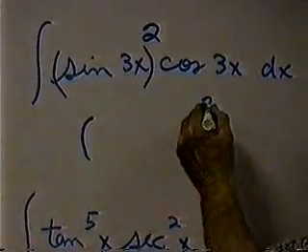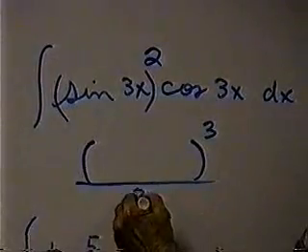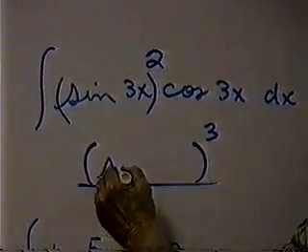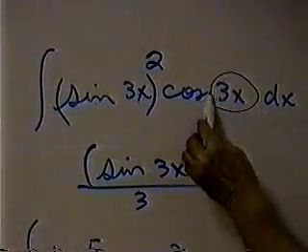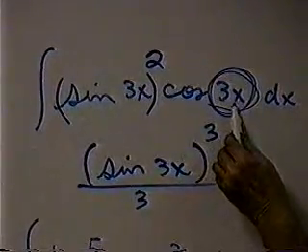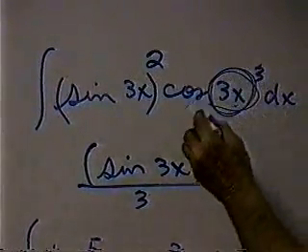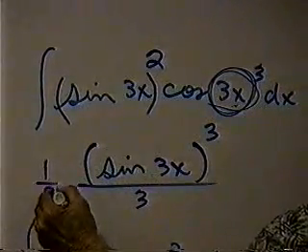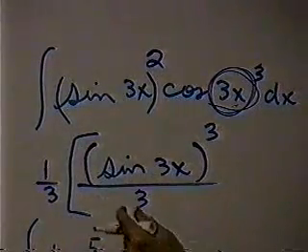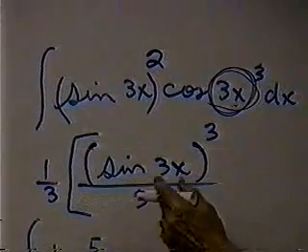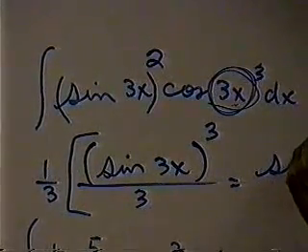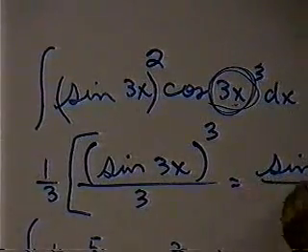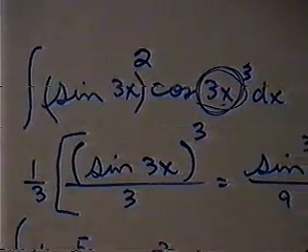Therefore, it's the power rule of the parentheses. But now don't forget, anytime you take a derivative or integration, you've got to have the derivative of the angle, which is a 3. So in front, I'll have another 1 over 3. So final answer on here then would be sine cubed of 3x over 9 plus c.